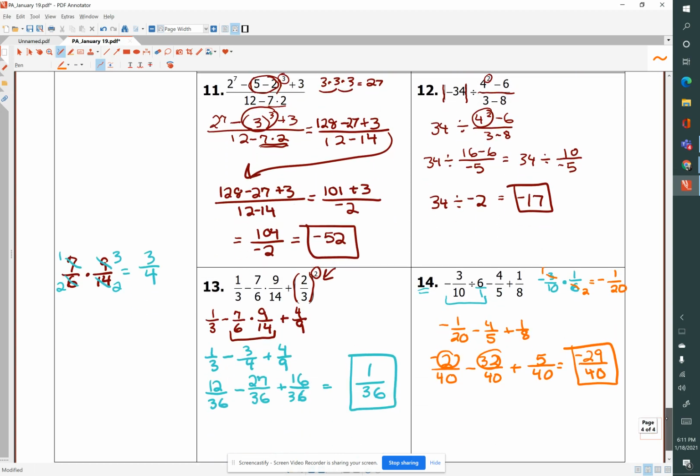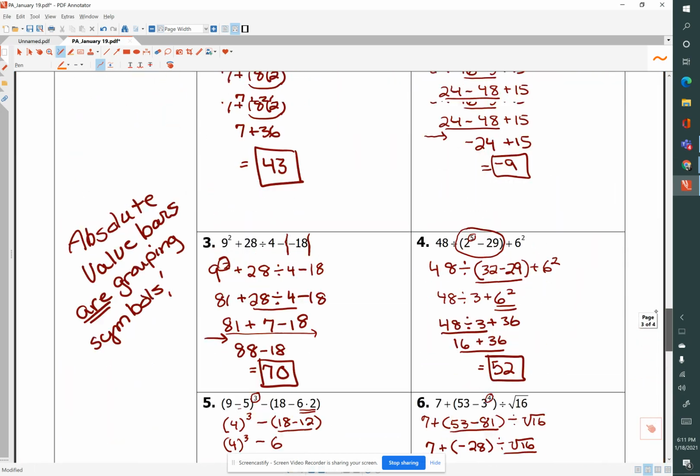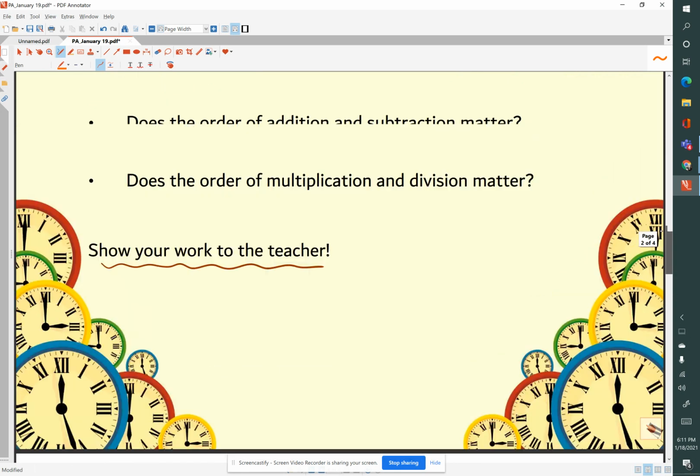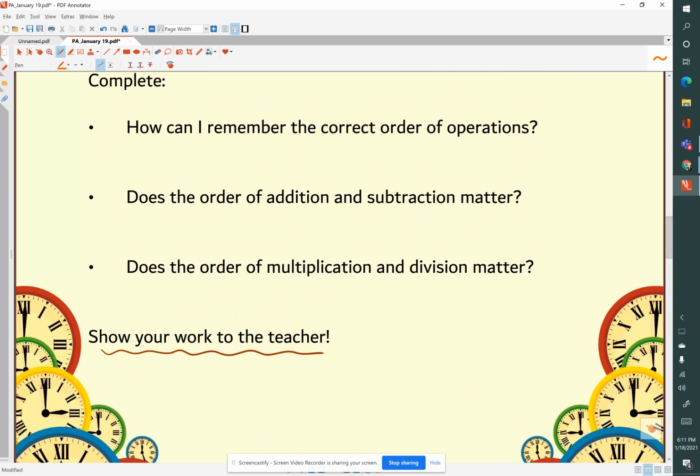So let's go back to our exit ticket. Okay, how can I remember the correct order of operations? Try GEMS. Okay, grouping symbols.